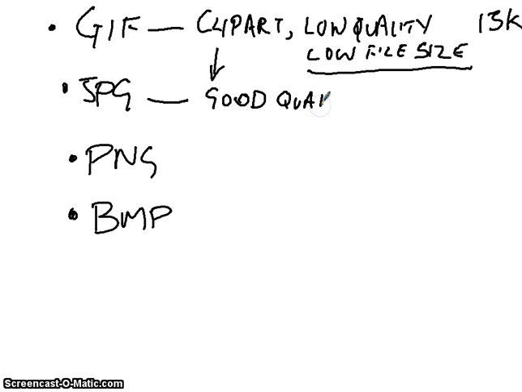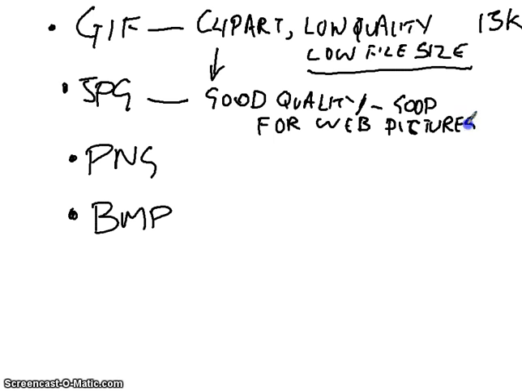It's good quality, and they're good for web photos because obviously the file size is small, but it's still going to keep that kind of quality in the image, so it's going to actually make your life better. So good for web pictures. And the average file size for a JPEG image will be about 800K. So we're still under 1 megabyte for a JPEG image, which is really, really good, and that's what we're aiming for.